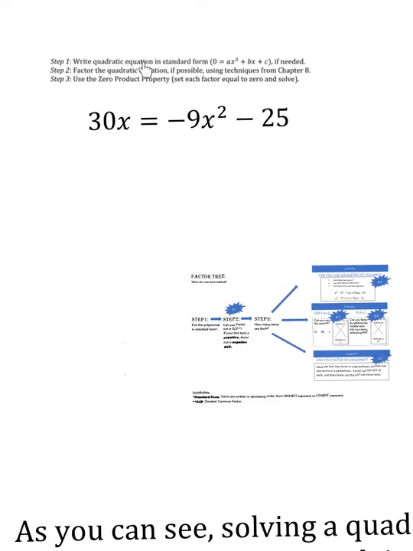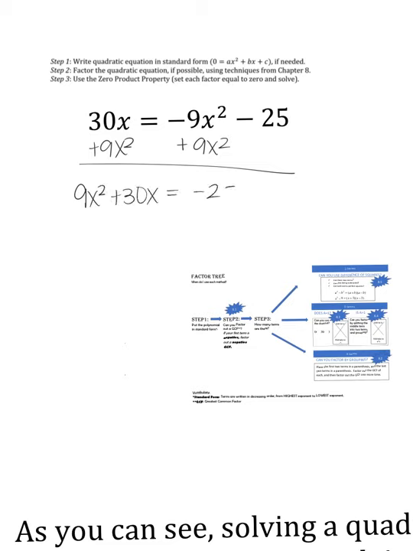Step 1 says to write the quadratic in standard form when we're going to try to solve for x. So our first step will be to get all of the variables onto one side. Let's add 9x squared to both sides. I like to try to have my x squared term be positive, so that's why I chose to add it to the left this time and to the right the previous time. 9x squared plus 30x equals negative 25.